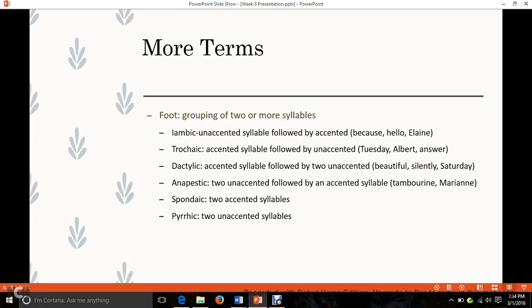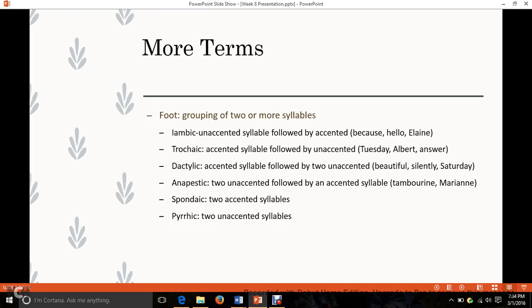So let's talk about meter and rhythm in particular. This is how the meter and the rhythm happen through syllables, through pauses. So when we see the end of a line, when we see punctuation, when we see the end of a stanza, we get these elements of rhythm.